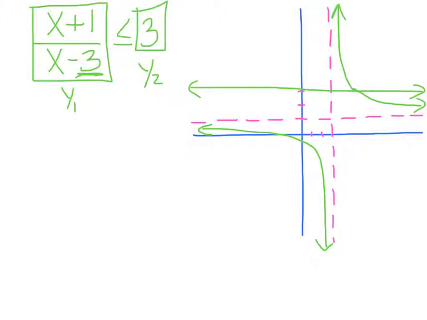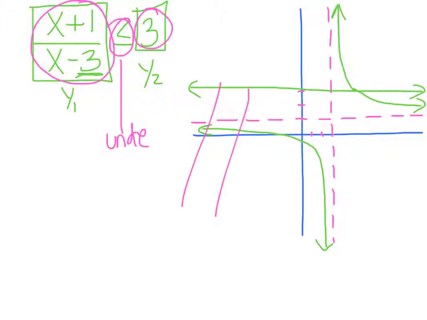Now I want to know, where is the rational graph less than, so under, the line 3? That's everything under here.